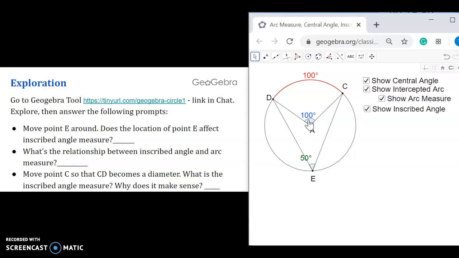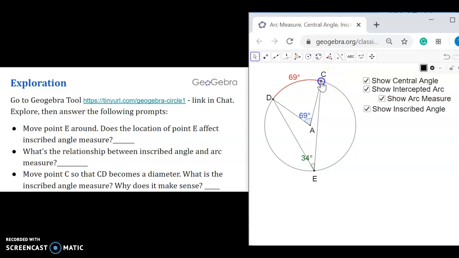Now let's compare this measurement to this measurement. Do you notice a pattern? Let's move this around. It's always going to be 50, 50 and 100. What's the relationship? Could be double. Let's test some more. Let's change this to, say, 76 degrees, 38 degrees, 38, 76. You see the relationship?